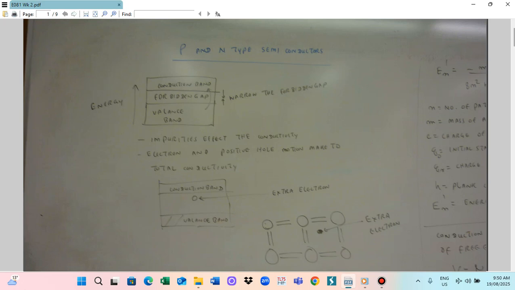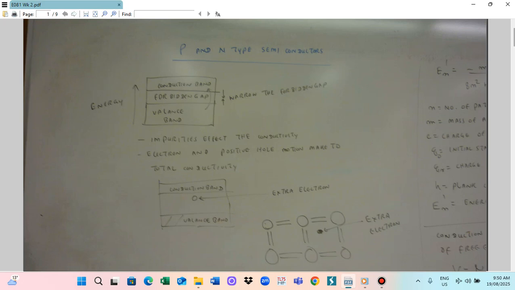Into the forbidden gap, we can place an extra electron energy level. By putting in the extra electron, we can narrow the forbidden gap. Also, it encourages more electrons to pass through the forbidden gap.